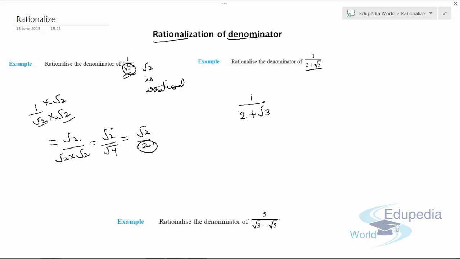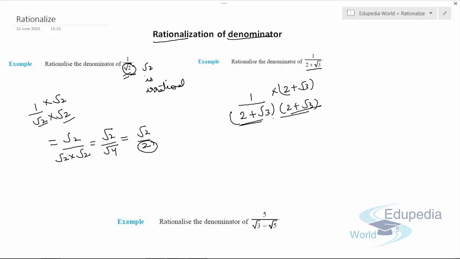Now if we multiply with (2 + √3) into (2 + √3), we can see this will become the identity (a + b) whole squared, but this will not rationalize the denominator. Why? Because on solving this identity, irrational numbers will come again.